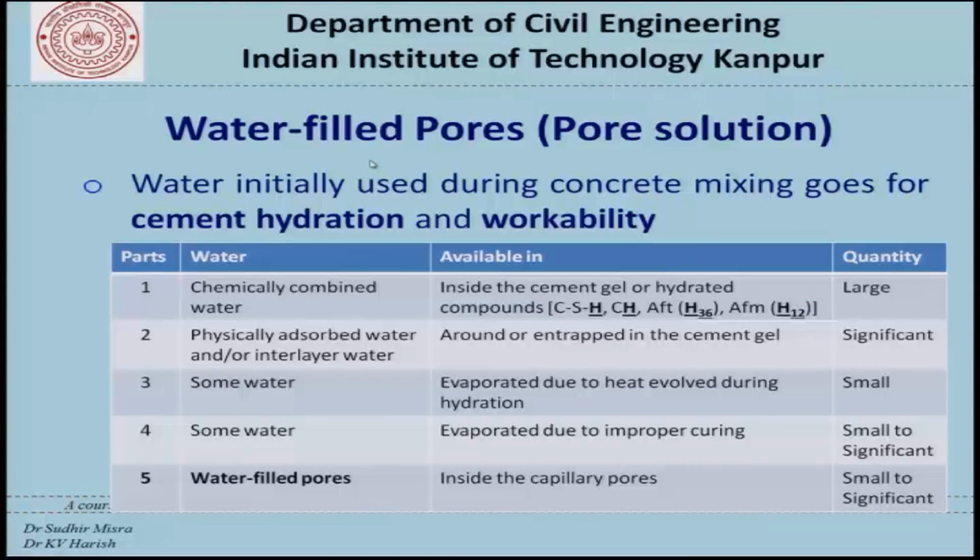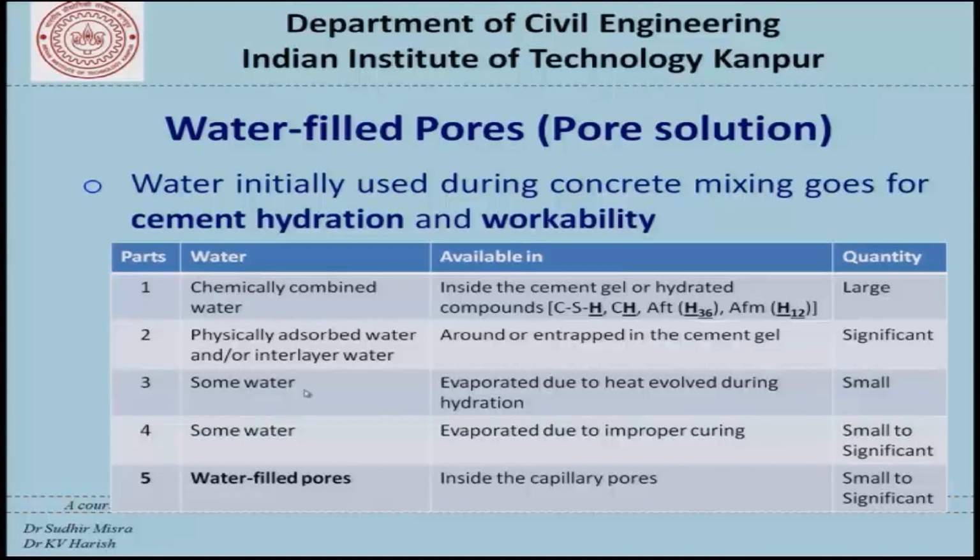Now, coming on to the next topic, water filled pores or pore solution. Water that we initially add in concrete goes for two purposes. One is cement hydration, the other one is workability, and obviously when water is added you have hydration reactions that happen, and finally the water is available in 5 different forms. One is chemically combined water, the other one is physically adsorbed water and or interlayer water.